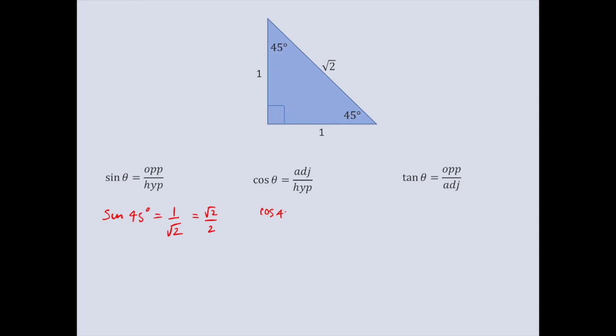Cos of 45 degrees is, again, 1 over root 2, or if you rationalise the denominator, root 2 over 2. And tan 45, you might know this already by thinking about the gradients. Tan of 45, opposite over adjacent, 1 over 1 is 1.